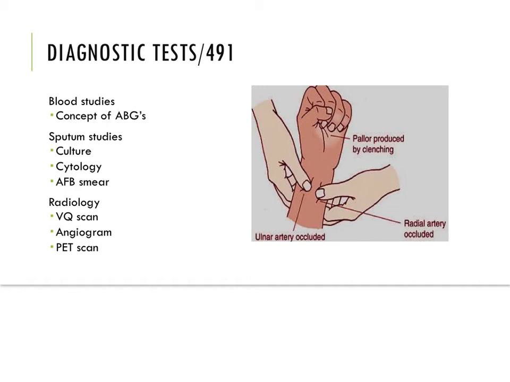We get down to the bottom of the page and it talks about sputum studies. It talks about culture and sensitivity, which helps us to diagnose exactly what type of infection the patient has, and whether the patient is on an antibiotic that would be effective.